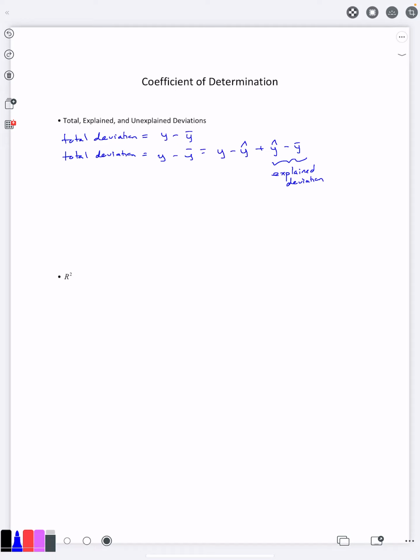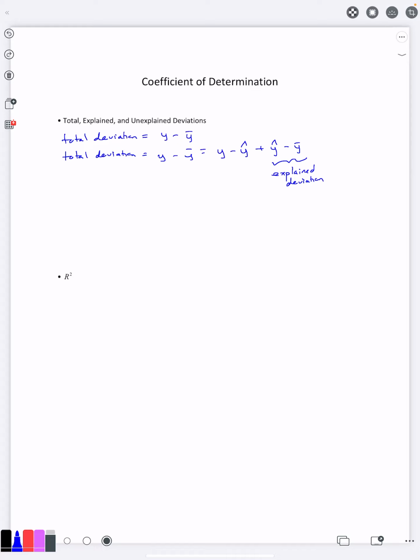Because the idea is we have our approximate straight line based on y hat. And if we say y hat minus y bar, that's the deviation from the line compared to the average value y bar. And we can explain why those two numbers are different because we have this line. We know exactly why the line is off there because of the slope and so on.